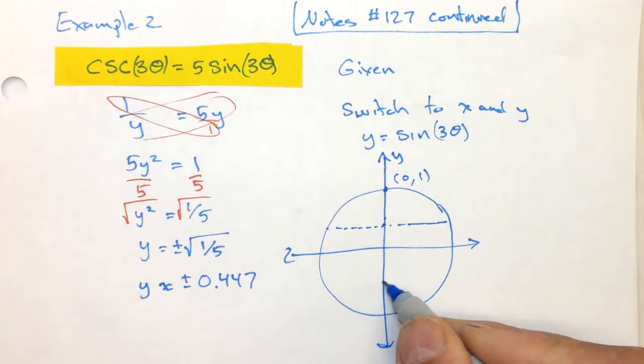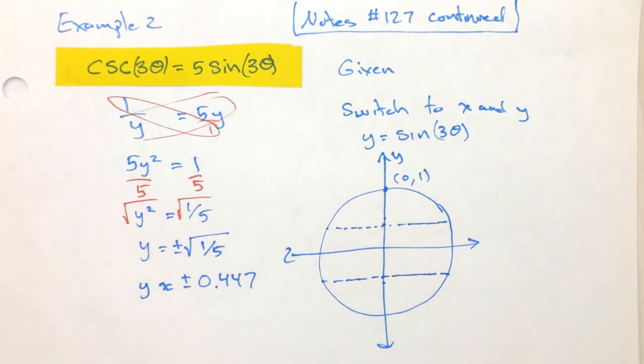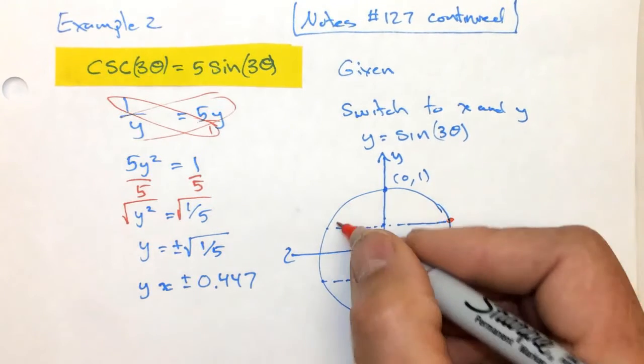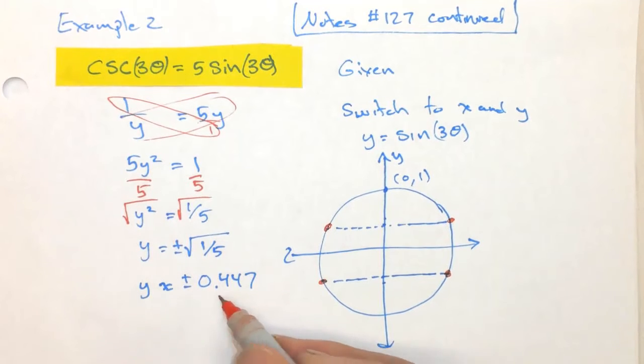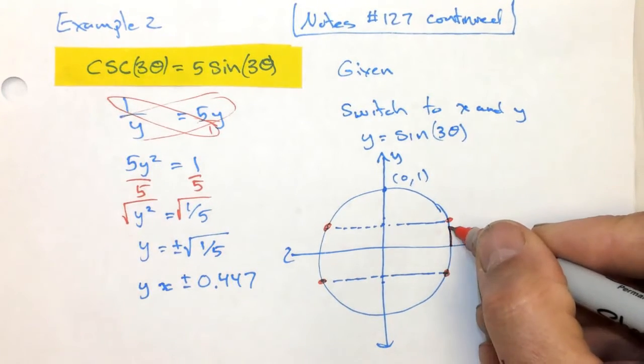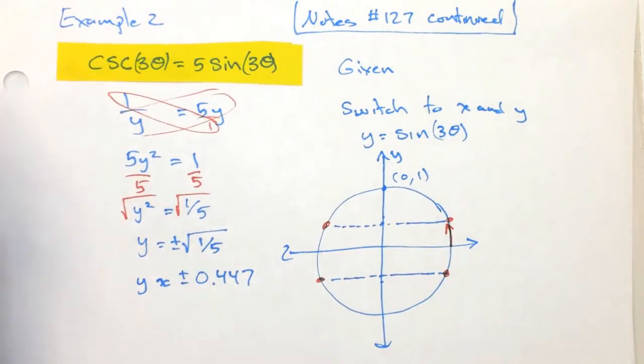If I go down here the same distance, I get 2 more points on the unit circle. So there's 4 points on the unit circle that have a y coordinate of plus or minus 0.447. We have to figure out what the angles are. Remember, the angle's the measurement along the arc there. It's not going to be that much different than that, but it will be different.